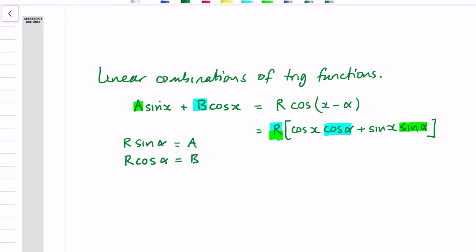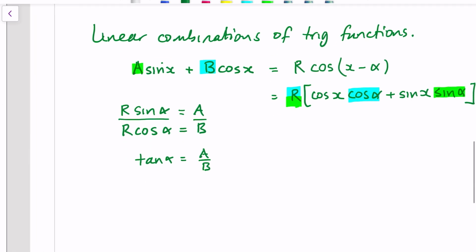That gives us a simultaneous equation, and we can divide these equations here to get sine alpha over cos alpha, which is tan alpha, equals a over b, and we can get the r value by subbing back into one of the equations. So, okay, where's this coming from?